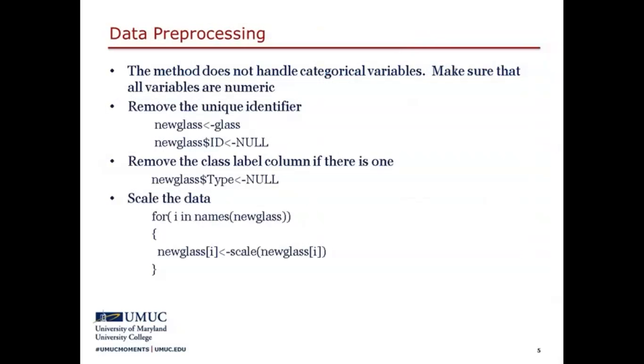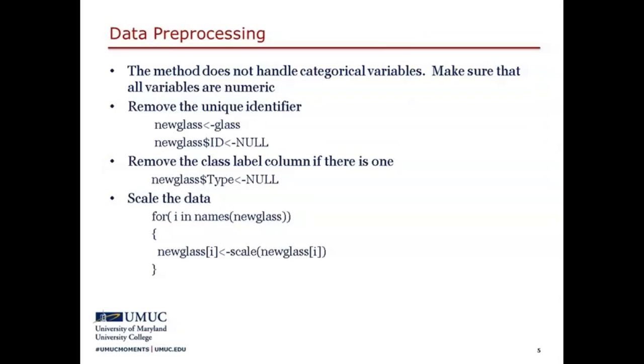So now I'm going to start sharing my screen, and we'll talk about the data pre-processing. In summary, the glass data set has a unique identifier. This is what we want to remove, because we don't want it to have an influence on how we determine the cluster membership.